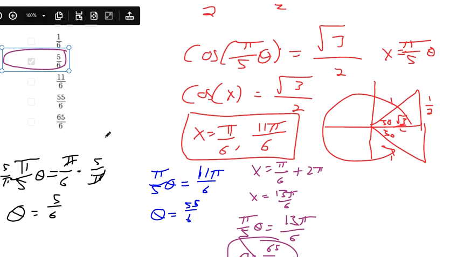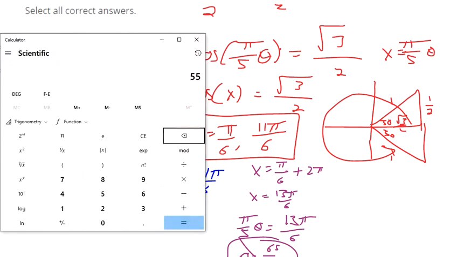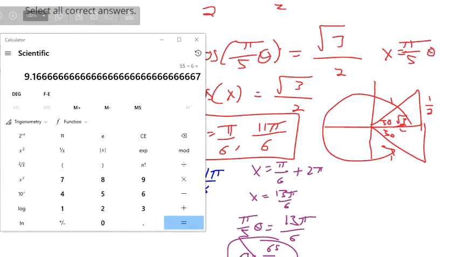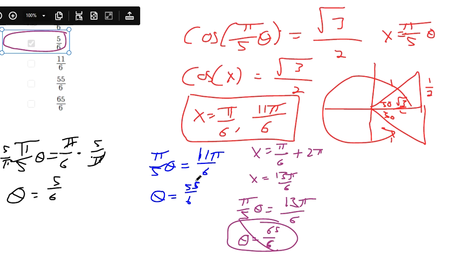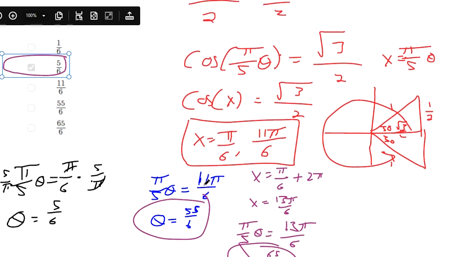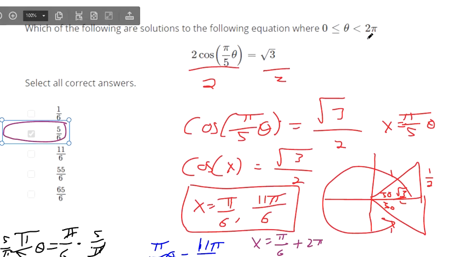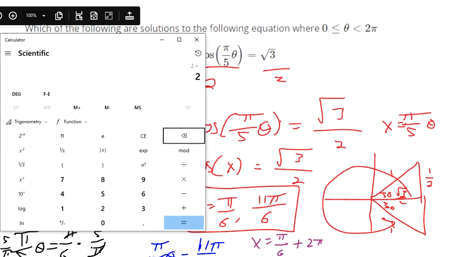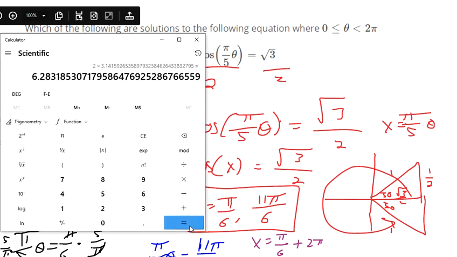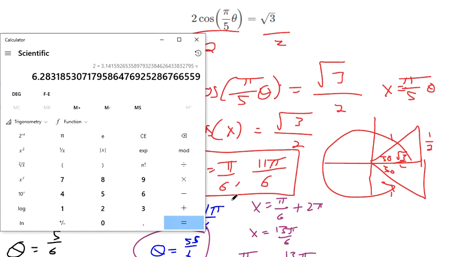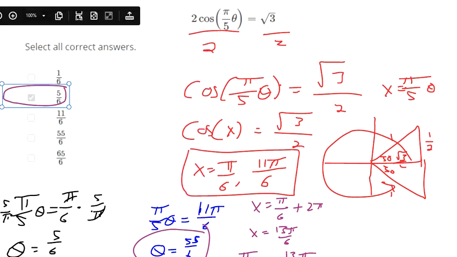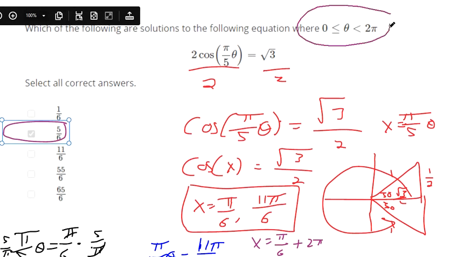I didn't check that when I did that one. Why didn't I? 55 divided by 6. Oh, good thing I checked this last part. Look, 55 over 6 is also too big. If 2 pi is our limit, 2 times pi as a decimal again is 6.28. If you change 55 over 6 to a decimal, that's also too large. So there's only one solution in this region.